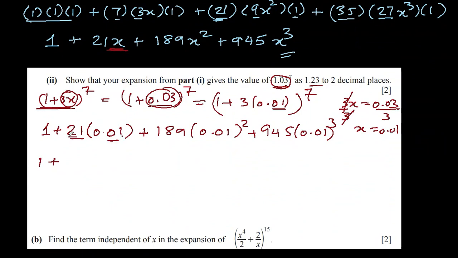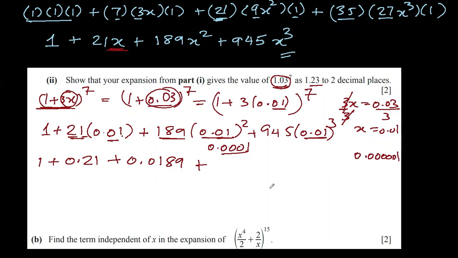There are 2 decimal places, so 0.21 plus square of 0.01 will be 0.0001. 4 places. If there are 2 places, squared makes it 4 places. So we have just 3 of them, so it will become 0.0189 plus this 0.01 whole cube will become 6 places. 1, 2, 3, 4, 5, 1. This is the cube of 0.01, and 945 has 3 places only. We want 6. So there will be 3 zeros before that.